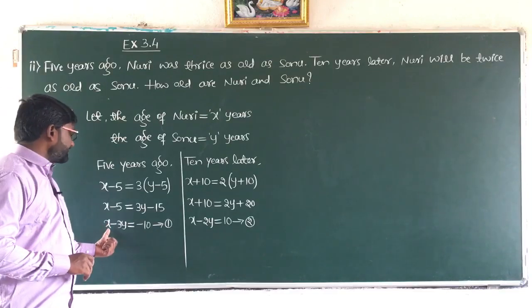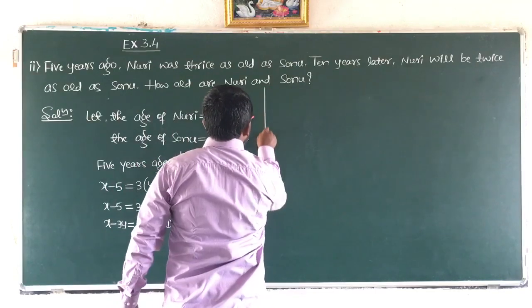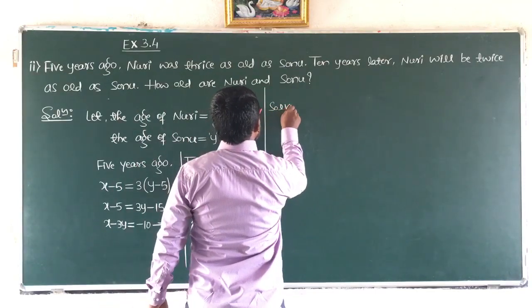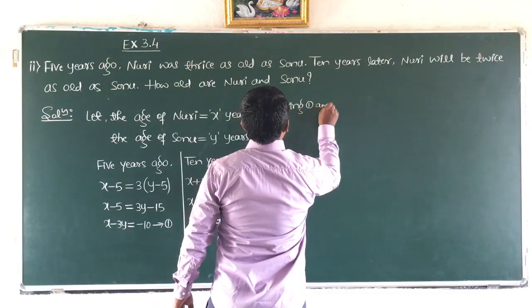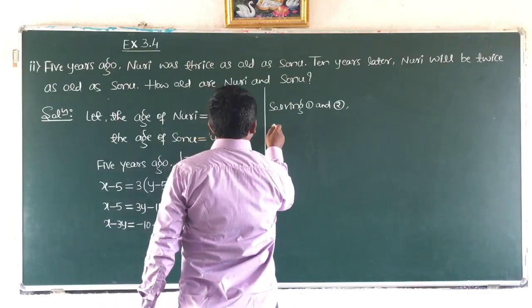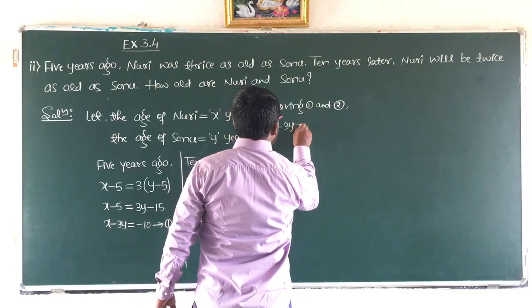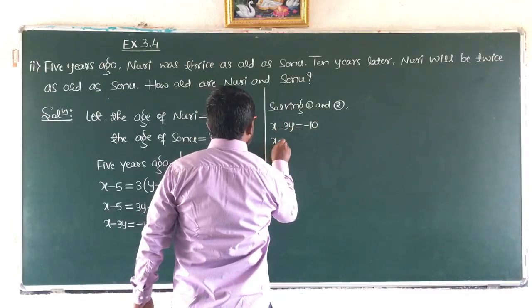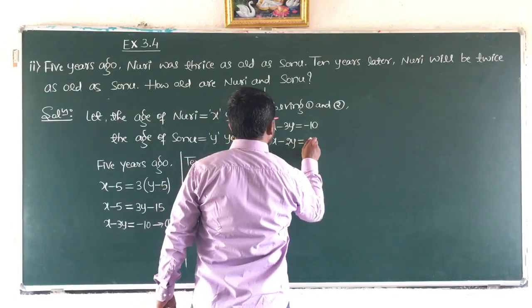Here x is already equal. So solving equation 1 and equation 2, x minus 3y is equal to minus 10 and x minus 2y is equal to plus 10.